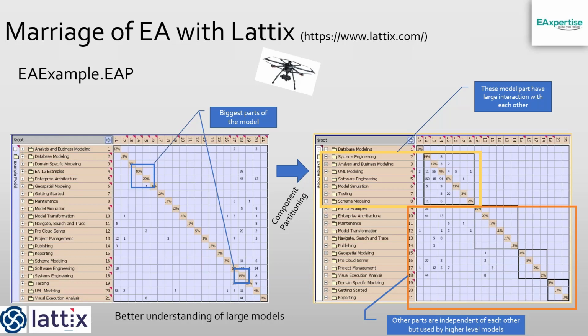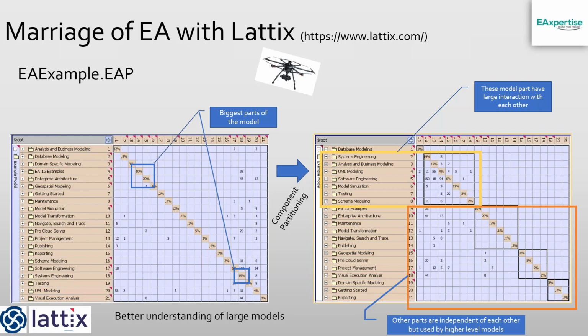On the left side, you see a DSM that I have loaded into Lattix of the EA example EAP file provided by Sparx Systems. When you look in the left matrix, it's very difficult to comprehend what is happening here. The only thing you can see is that the model seems to be scattered around and that there are some areas that are larger than other areas.